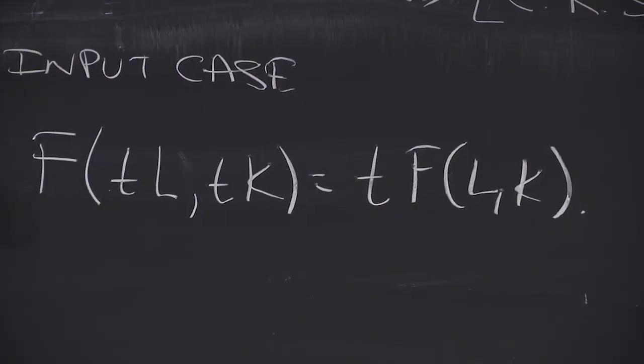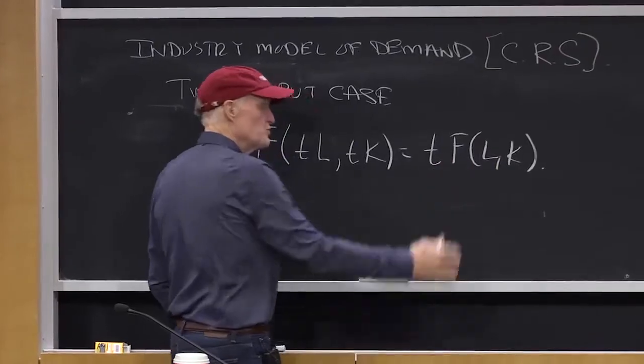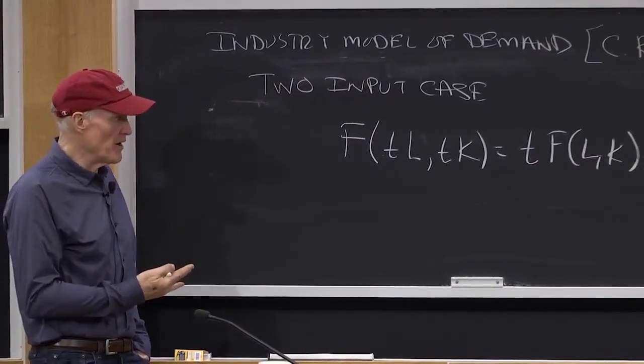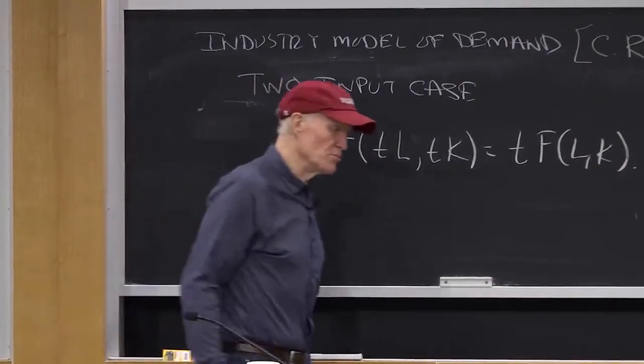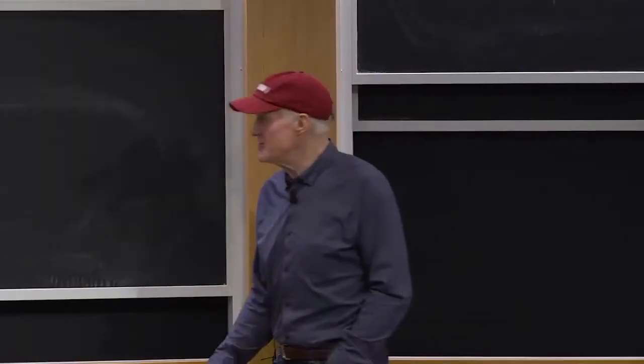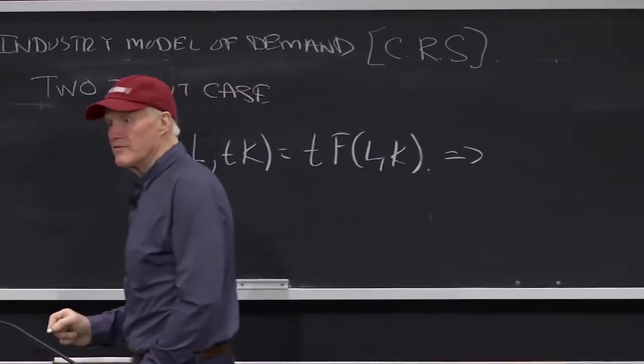So if you make t equal to 2, it says twice as much labor and twice as much capital will produce twice as much output. That could either be what's going on at the firm level, or maybe I'm just duplicating firms to get that same result. Okay? The implications of constant returns to scale in terms of factor demands.